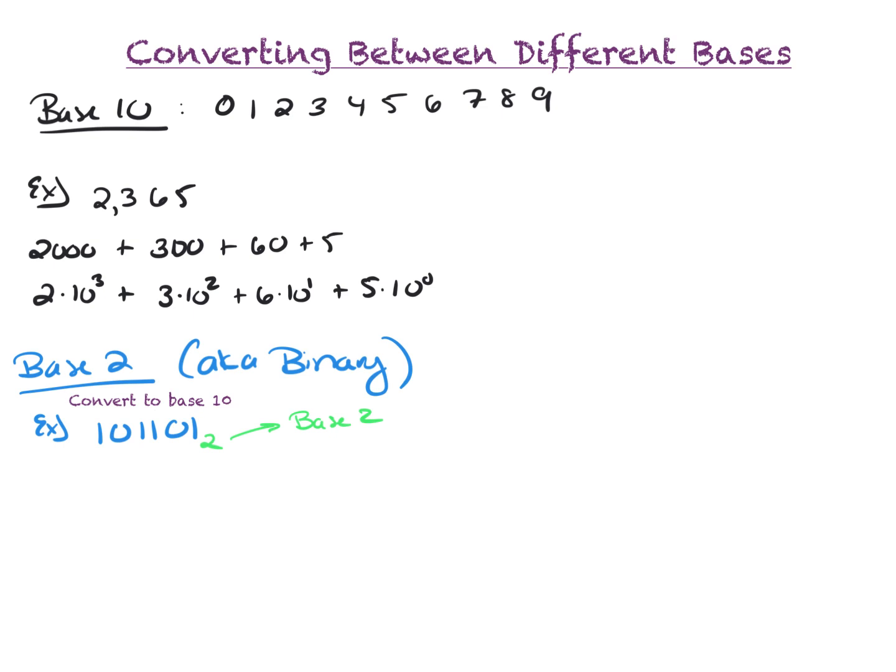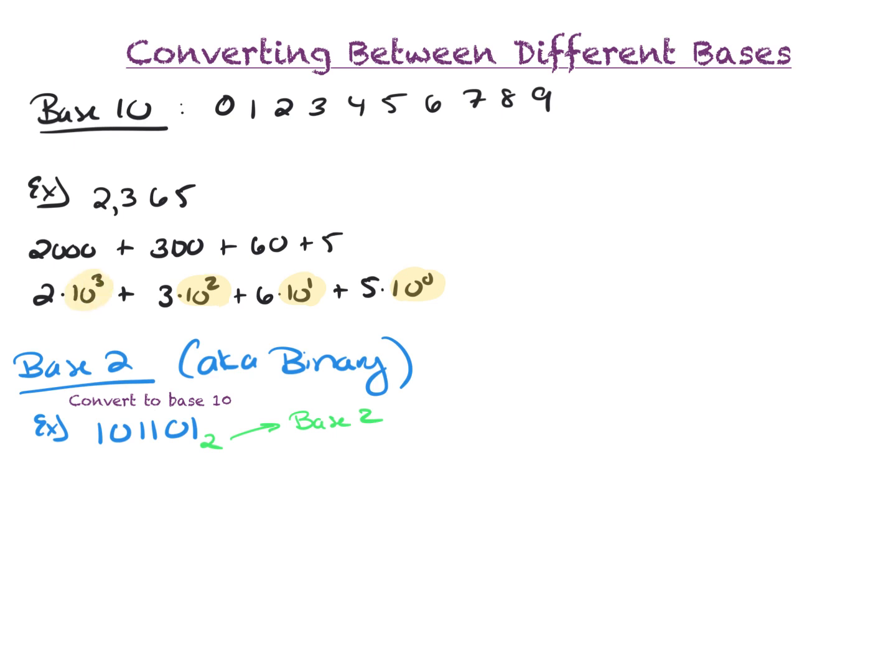And what I want you to notice is base 10 had 10 different digits possible, but base 2 will only have 2 digits possible, zeros and ones. Because base 10 had 10 different digits possible, we went 10 to the 0, 10 to the 1, 10 to the 2, 10 to the 3 for each of the possible positions.